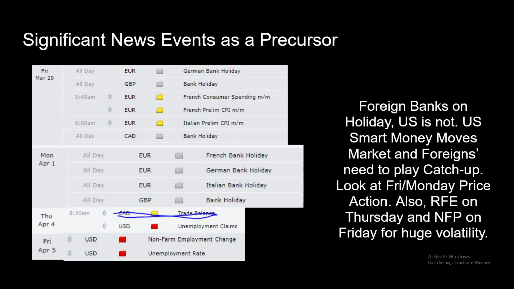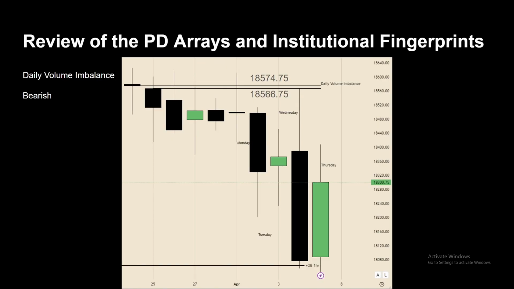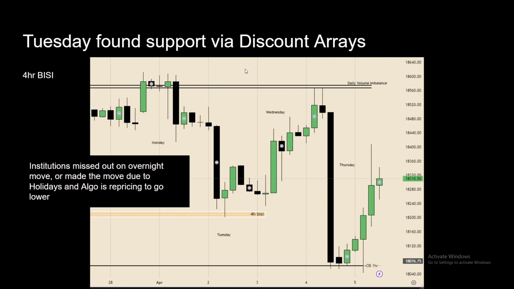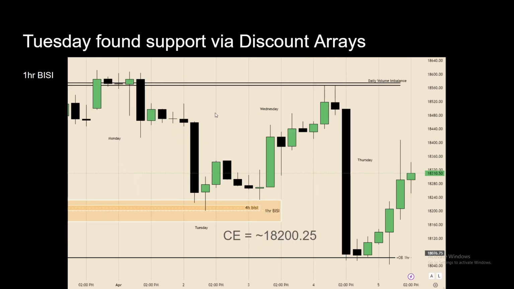As a quick review, bank holidays, Friday to Monday, daily volume imbalance, bearish. Relatively equal highs on Monday as a draw, and a higher time frame PD array resting just above it. We have a 4-hour buy side imbalance, sell side inefficiency acting as support on Tuesday to try and get us back up into that range, or up into the premium.